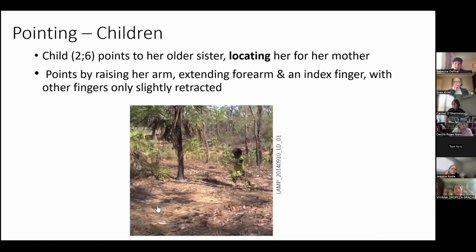So here we have a 2-year, 6-month-old who points to her older sister, locating her for her mother. So she points by raising her arm, extending her whole forearm, and an index finger with the other fingers only slightly retracted. And this is quite common in Murrumbidgee. Bob Kelly had also commented on it, and it's less typical.